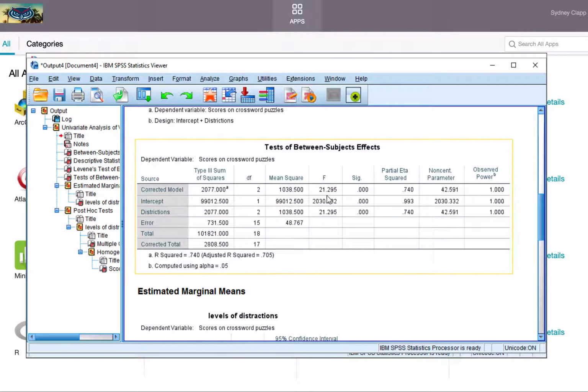And then, we've discussed the effect size and the observed power, okay? The observed power here is the probability of finding a difference among the means this large if it does exist in the population.